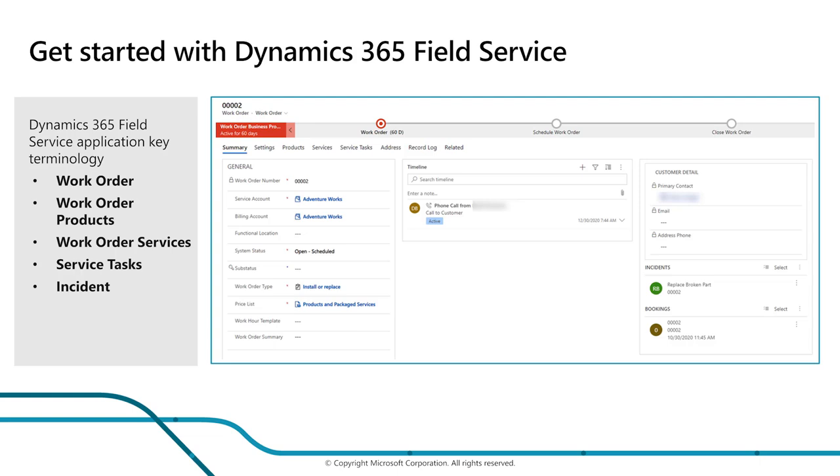And finally, we have the incident. Incident acts as a template to pre-populate information into a work order to save time during the intake process. And incident is the system name. What incident really is, is a case. We talked about cases when we were looking at customer service.